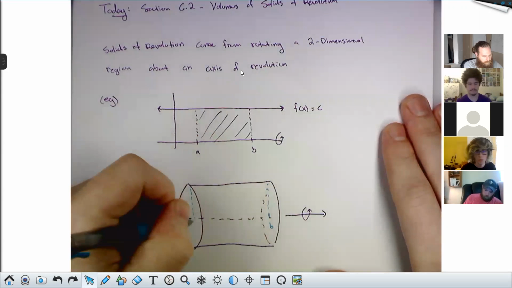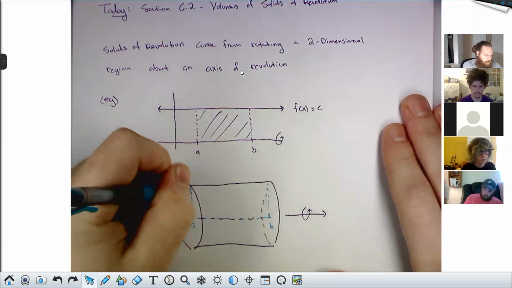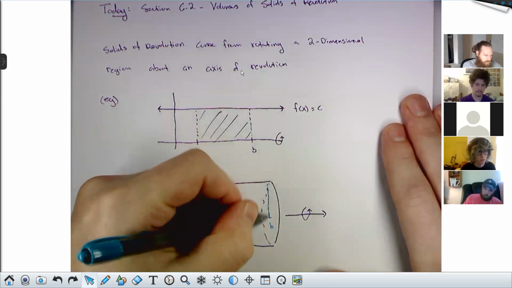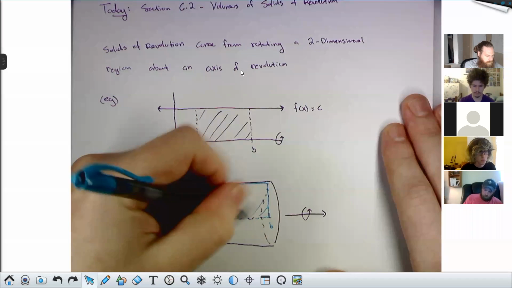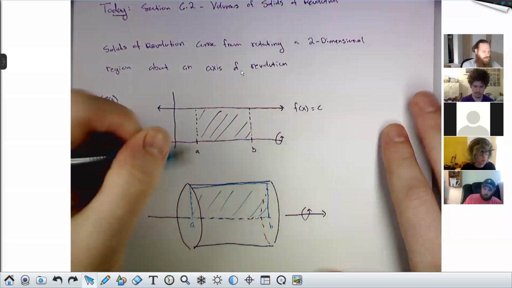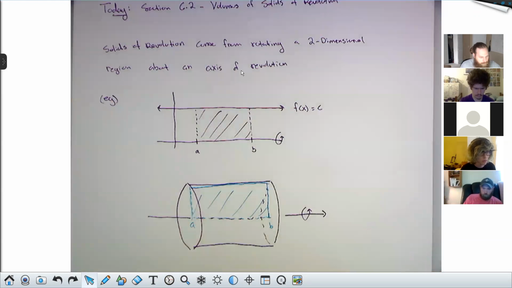Here's B, here's A. And this blue rectangle that I'm drawing inside here is that original region. And when you spin that region around, when you rotate that region, it sweeps out this solid. So this is what a solid of revolution is. It's any solid that's generated by taking some two-dimensional region like that and spinning it around.